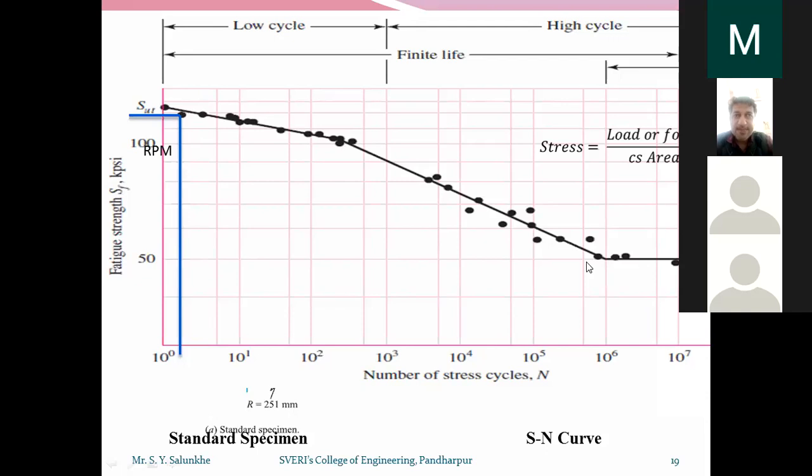So the SN curve varies with respect to different components then? Yes, the SN curve will vary. If you change the geometry, definitely the stress sustaining capacity will change. And if you change the material, then also the strength of that material will change.